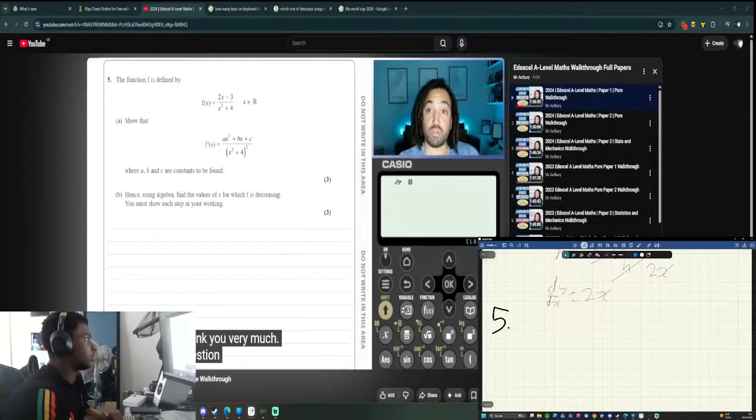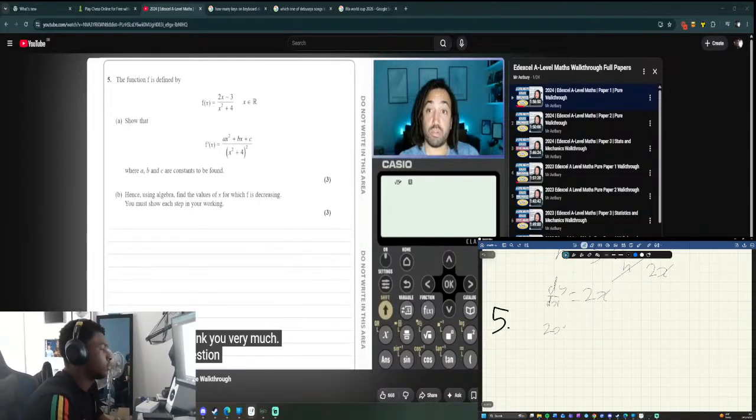Okay, this is differentiation. So 2x minus 3 over x squared plus 4.